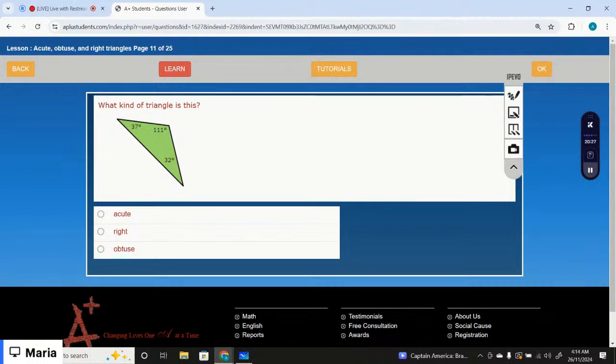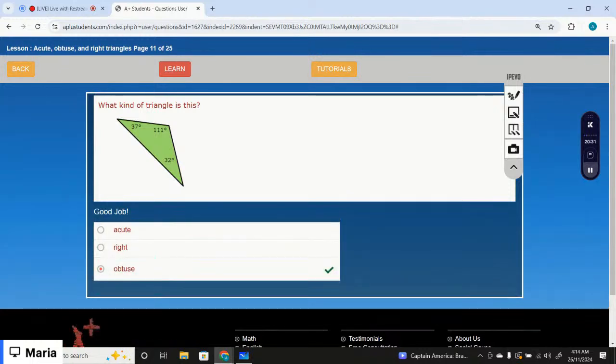Obtuse triangle it is. Option number three is the correct option. That is an obtuse triangle.